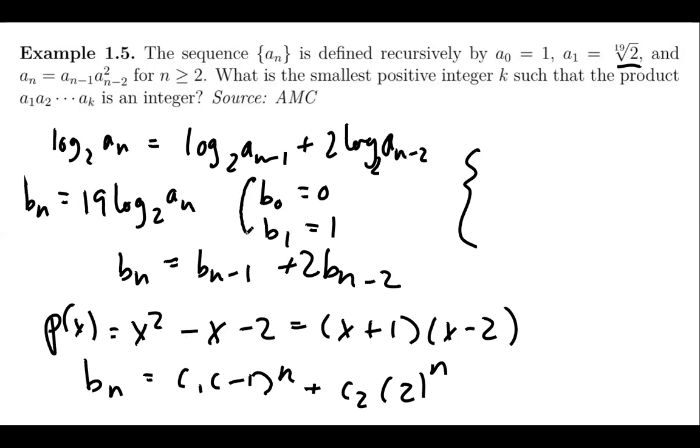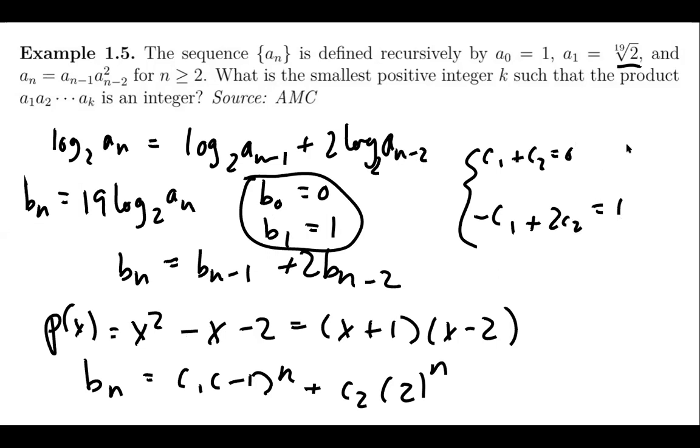So if we started with these two values, then C1 plus C2 equals 0, and the other one, negative C1 plus 2C2 equals 1. And if we solve that, we get C1 equals negative 1/3, C2 equals 1/3.